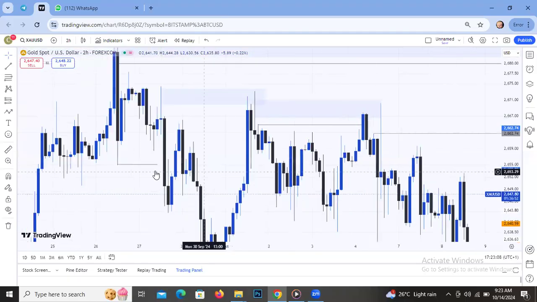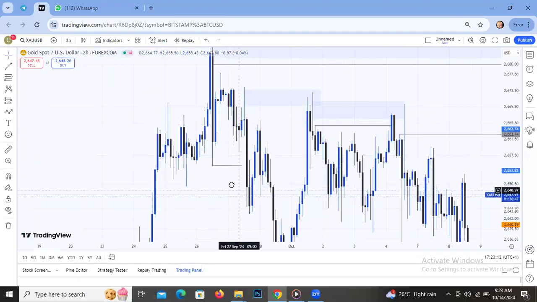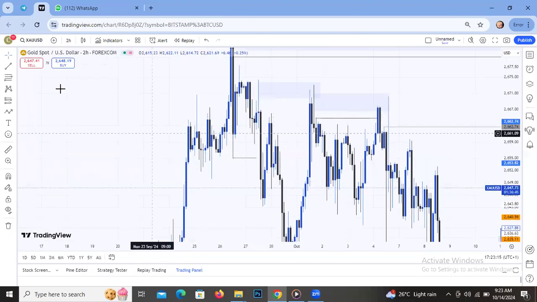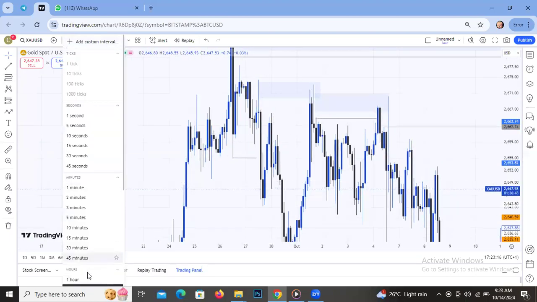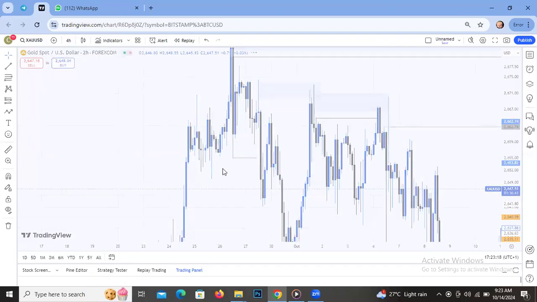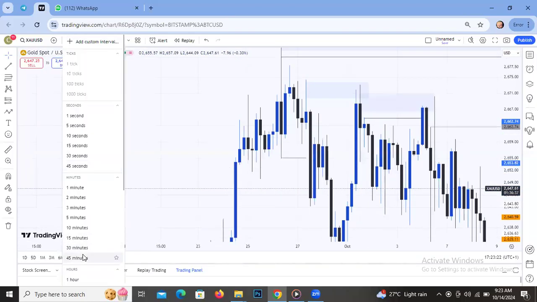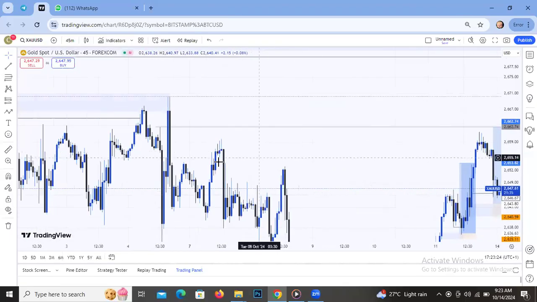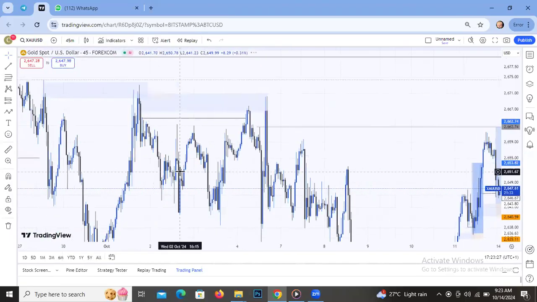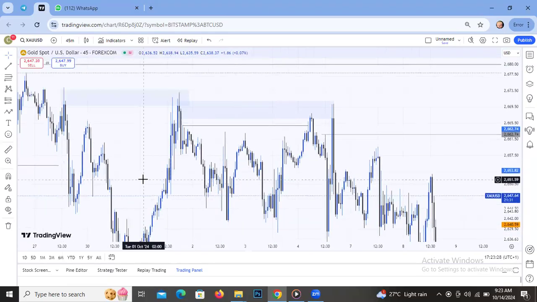But you can see that after the break, the market gave a return back into the zone. Then after returning back into the zone, it created liquidity for that order block upper to be valid.